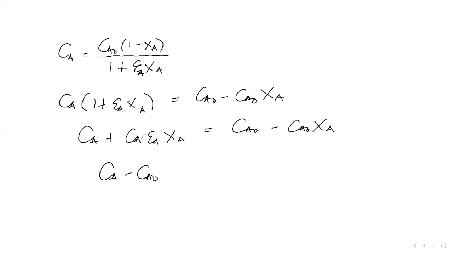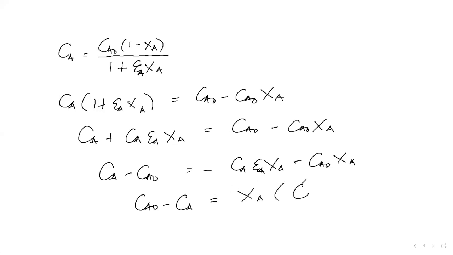Transfer it here, and this one I will transfer here. So you have negative Ca epsilon A XA minus CaO XA. That way we won't have to deal with the negative sign. So I will interchange these two. So you have CaO minus Ca is equal to XA.